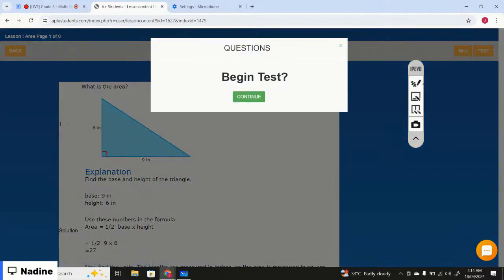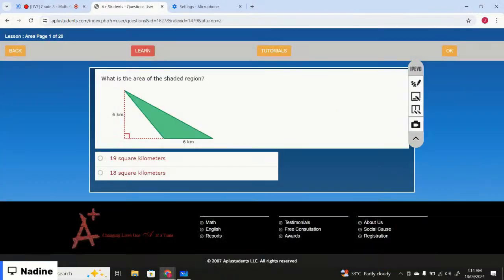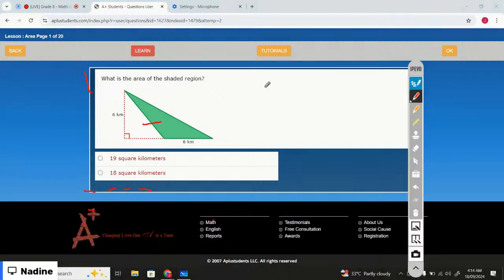Let's just start with the test questions. What is the area of the shaded region?